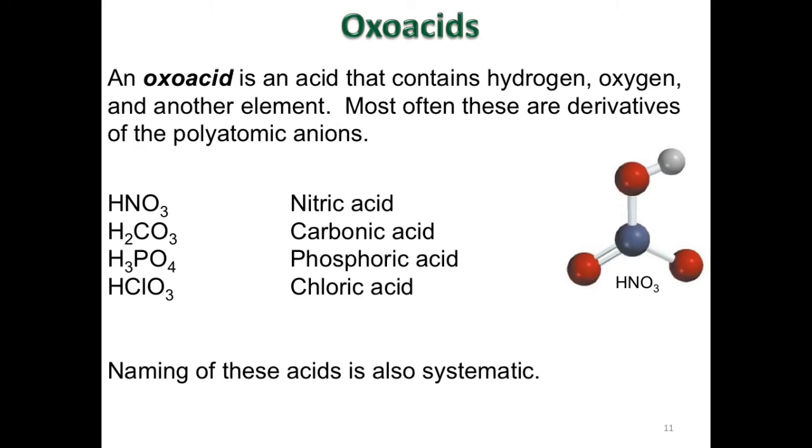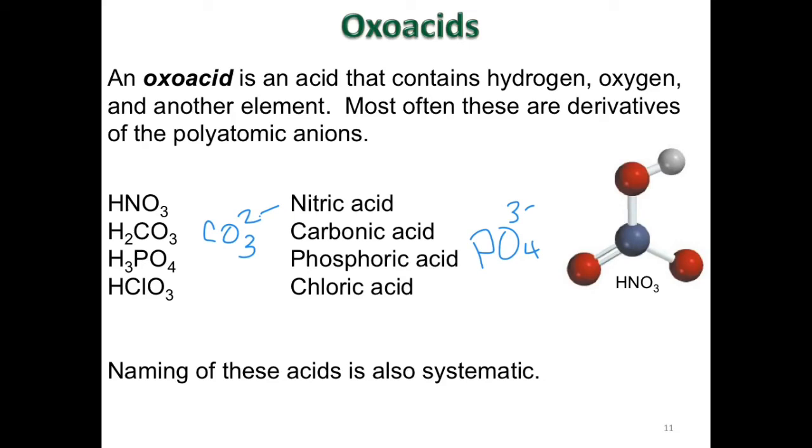In carbonic acid, CO3 has a 2- charge, so it needs 2 hydrogens. Phosphoric acid is the acid of phosphate, and phosphate is PO4 3-, so it needs 3 hydrogens. And then finally, HClO3 is chloric acid.